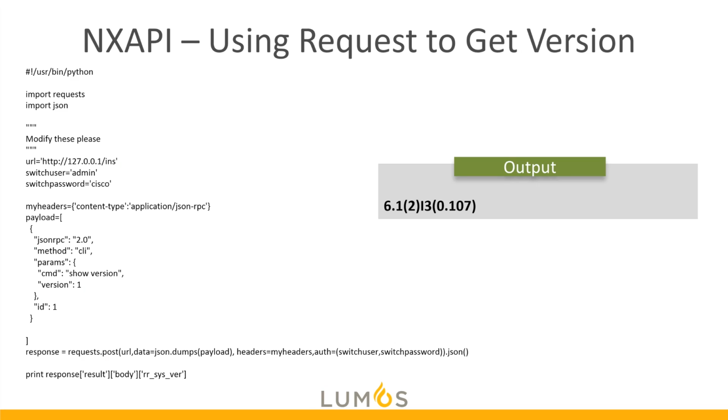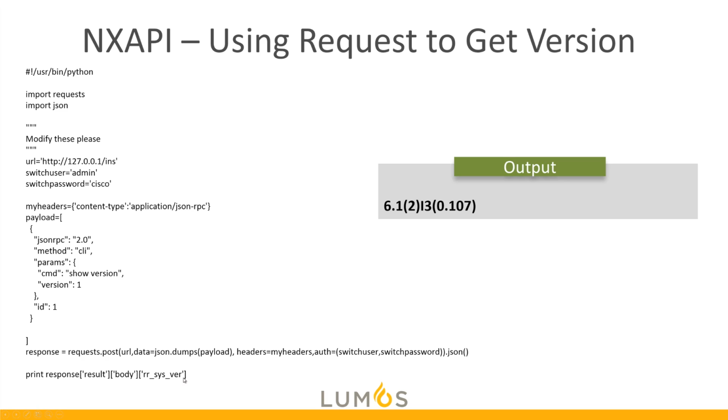So for instance, this is an example in Python, importing requests and JSON, modifying, of course, your IP address, but not modifying the /ins on the older NX-OS 7.0 and 7.1. Obviously modifying your admin username and password, and then you could put in whatever command you wanted, and you would pass this along, and then you could print that response.